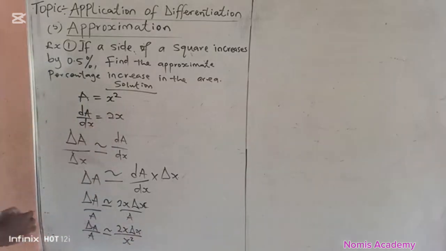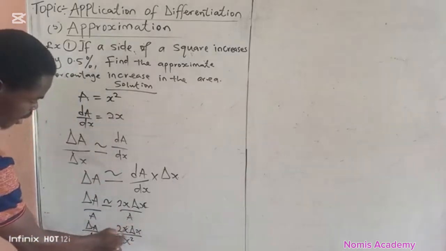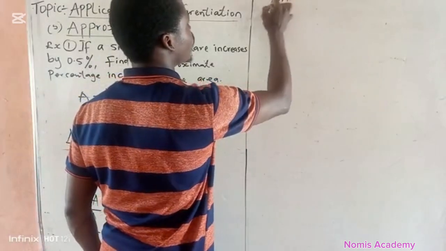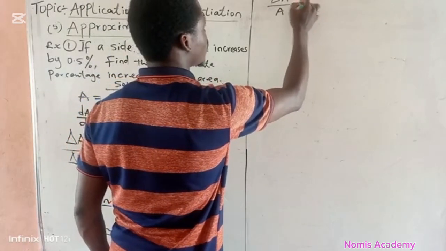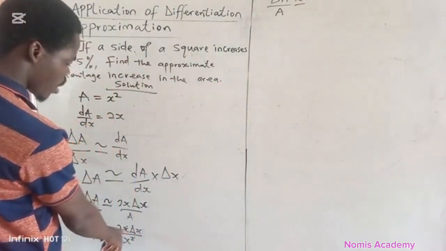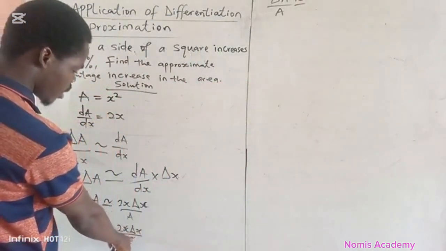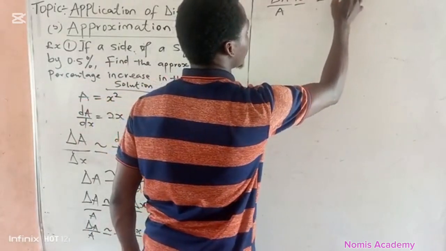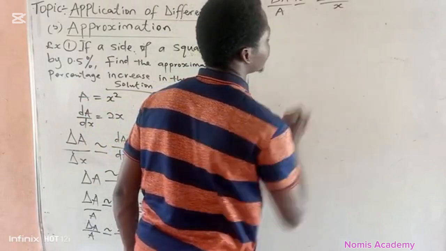When we cancel, we are left with delta A over A approximately equal to 2 delta x all over x.